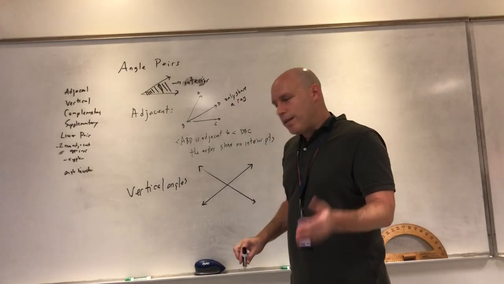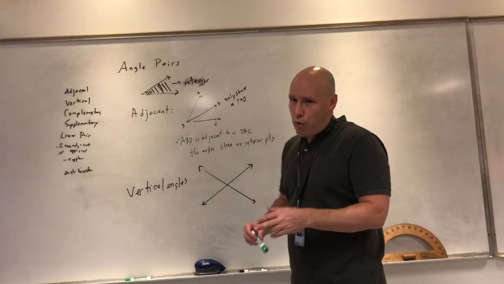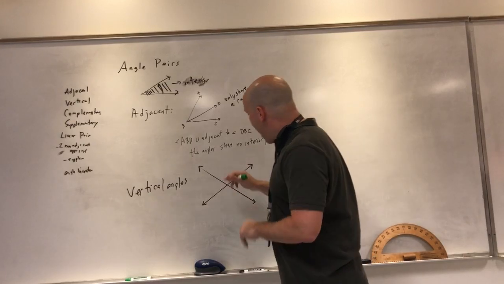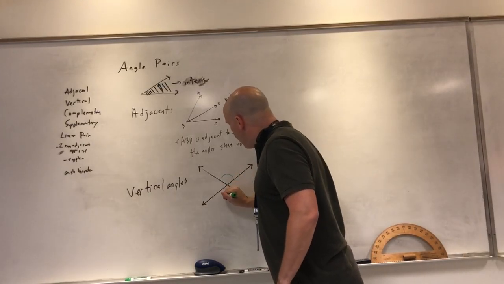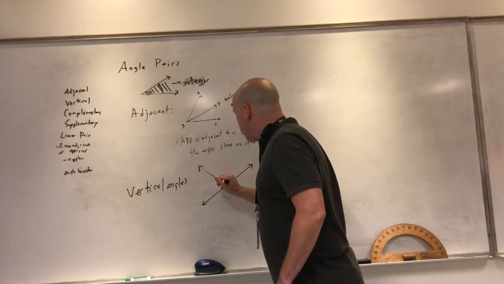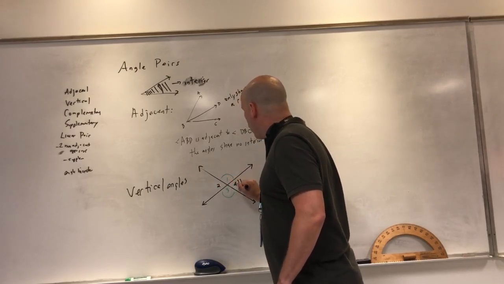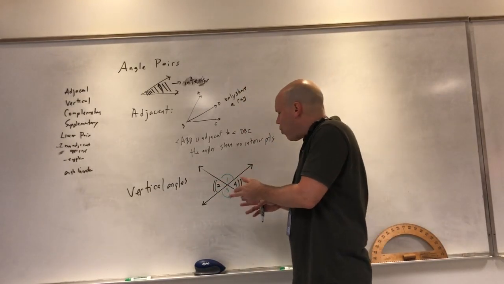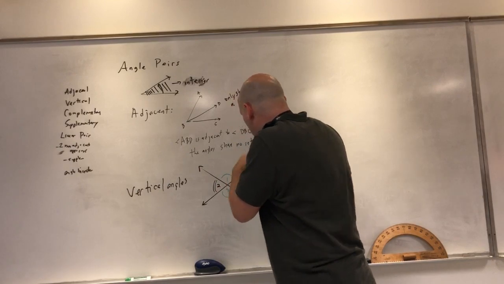I have them take their protractor and measure the four angles. What they discover is that these two angles, call them 1 and 3, are congruent. And they discover that angles 2 and 4 are also congruent.